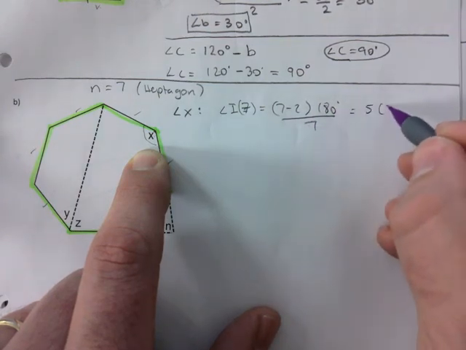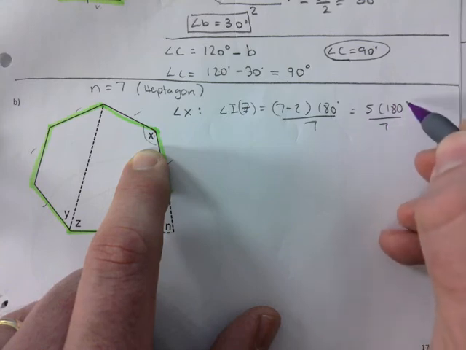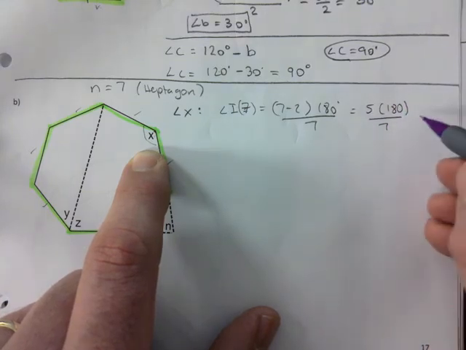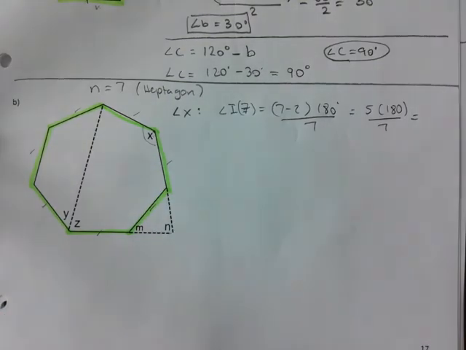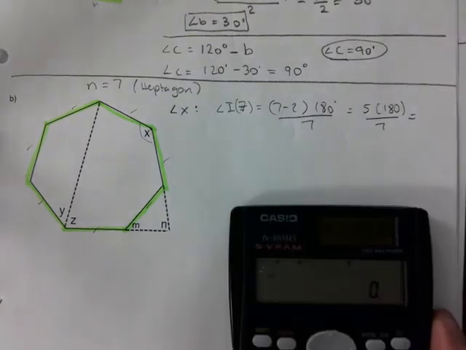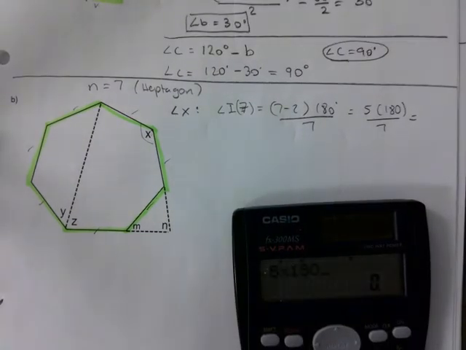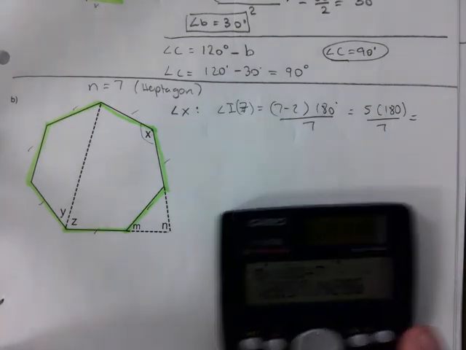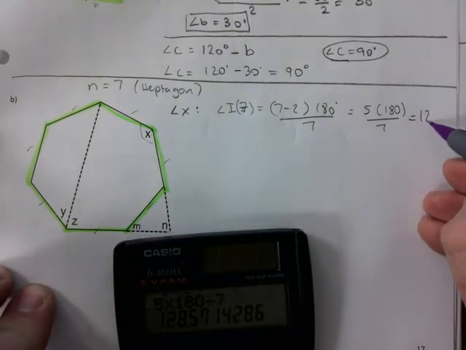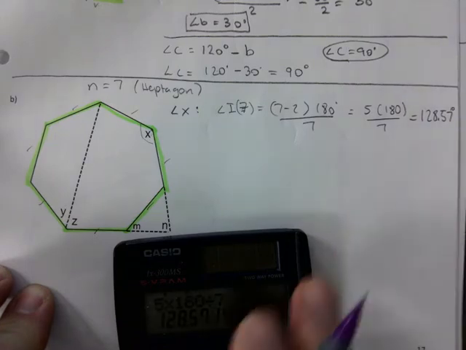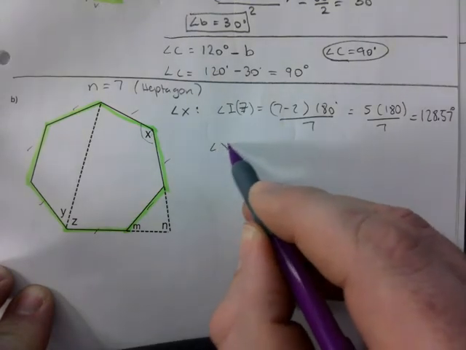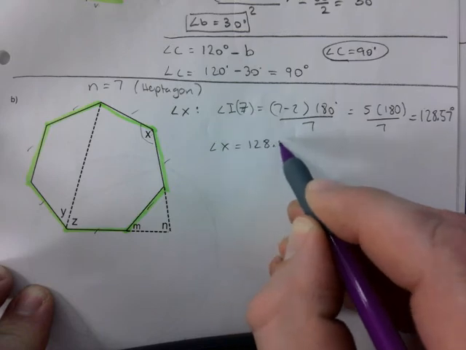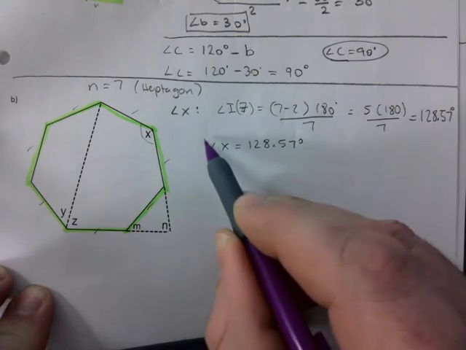That'd be 5 times 180 over 7. And that is actually a decimal. I think it's 120 something. I forget. Yeah, 128.57. Okay. So therefore, angle X is 128.57.